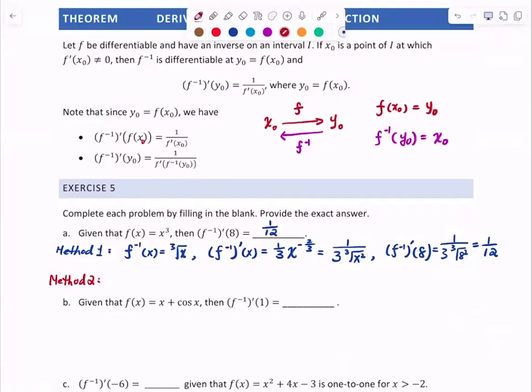All right, so this is what you look at. 8 is the y naught in the formula. Okay, so what's its pre-image? What cubed will give you 8? 2. Okay, the 2 is equivalent to the x naught in the formula.